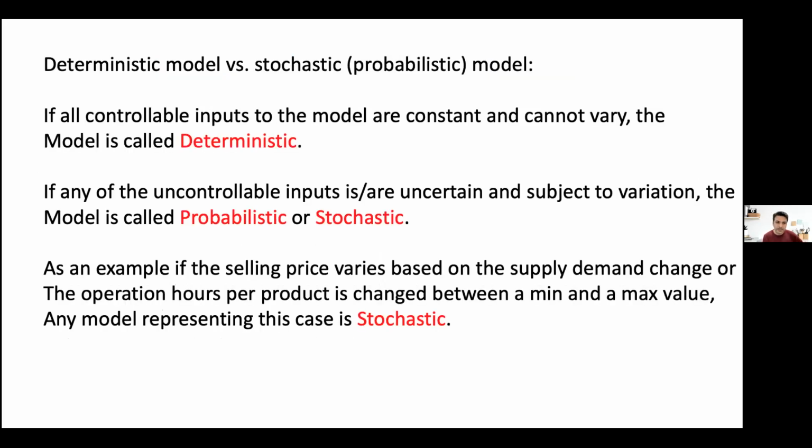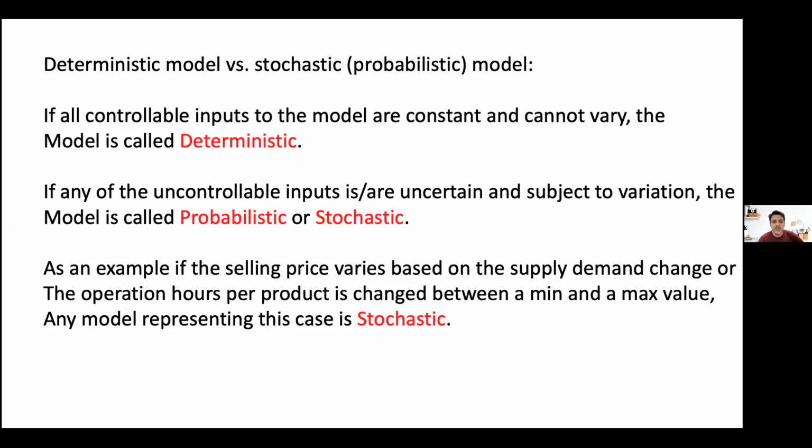So here we just have a little heads up. We're gonna have this discussion later, but just for your information, we have two different types of modeling: deterministic and stochastic.